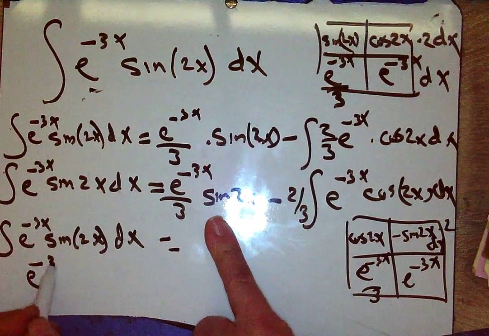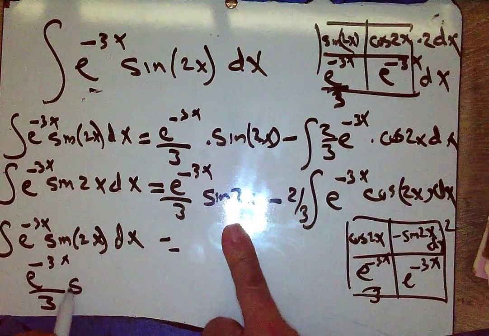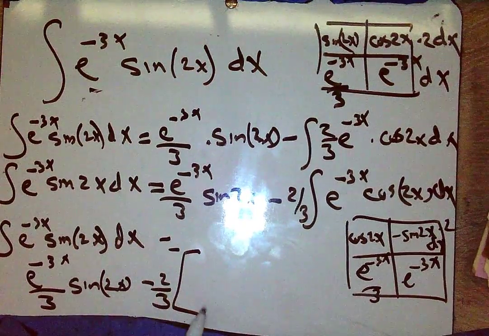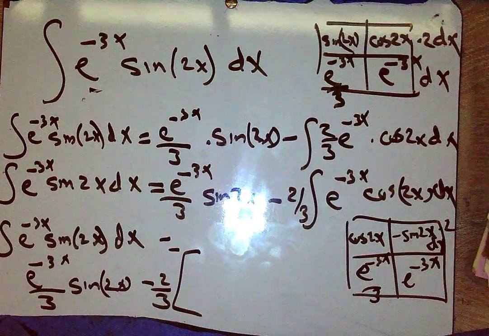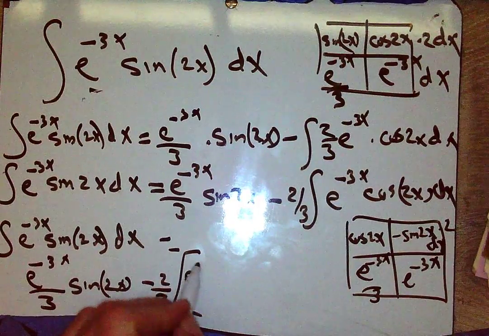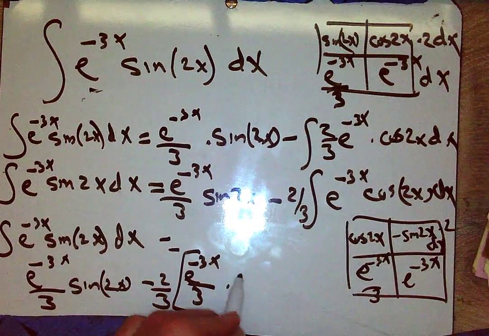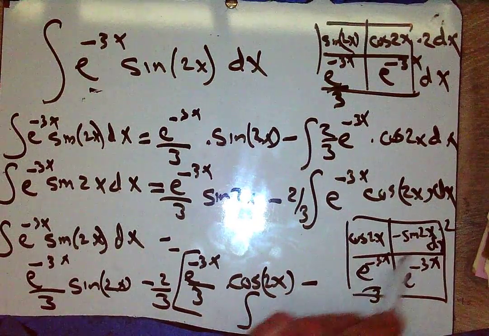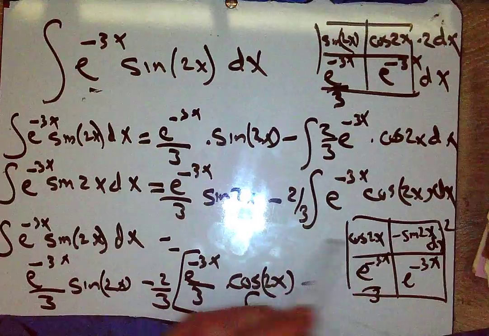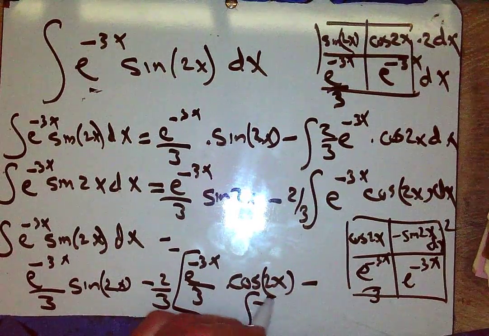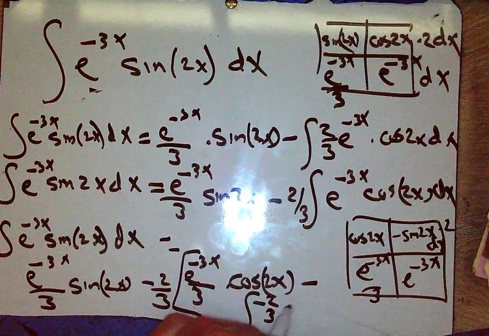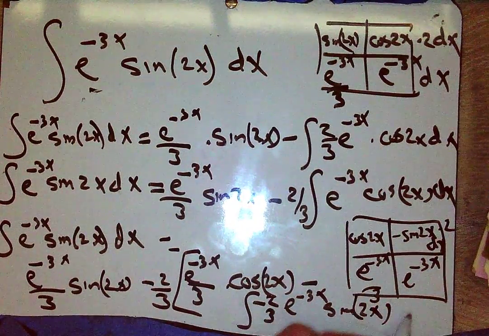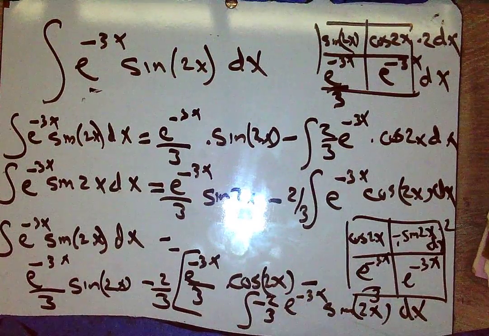So we've got e to the minus 3x over 3 sine 2x minus 2/3 this times this: e to the minus 3x over 3 cosine 2x minus the integral of this times this. And so that's going to be minus 2/3 e to the minus 3x, 2x dx, and see that minus right there?